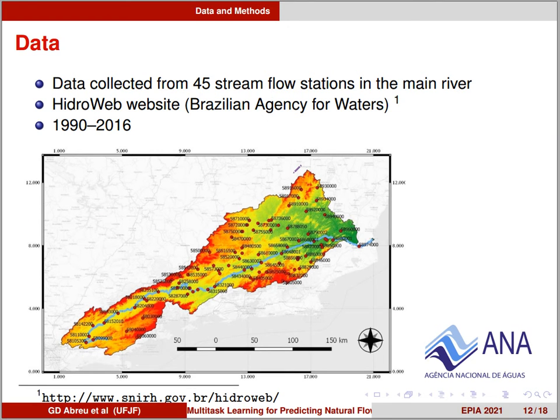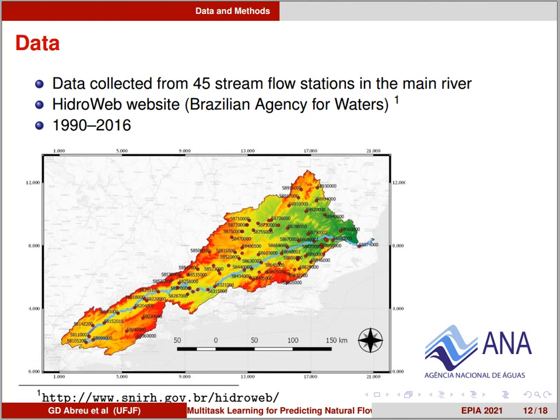So, about the data. The data was collected from 45 streamflow stations in Brazil using the Brazilian service called HydroWeb, and the data was collected from 1990 up to 2016.